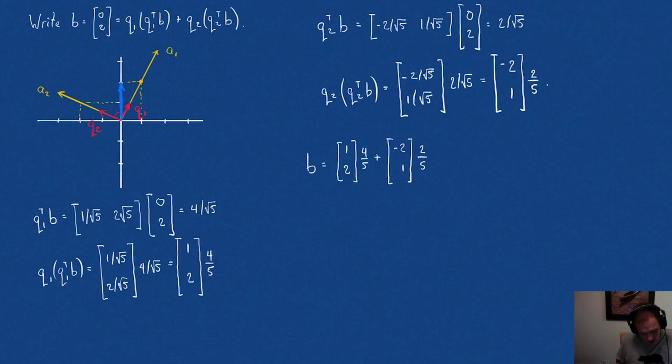The Q1 components are just 4/5 of the vector 1, 2. Well, 4/5 of 1 is probably right about there, and that gives me the 4/5 of 2. And look at that. It comes right back to an orthogonal projection onto our first basis vector, or the line defined by it.